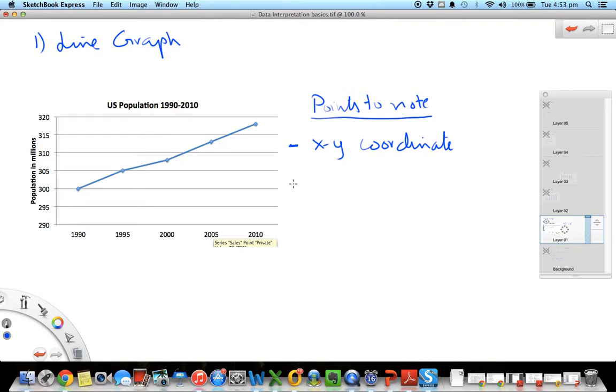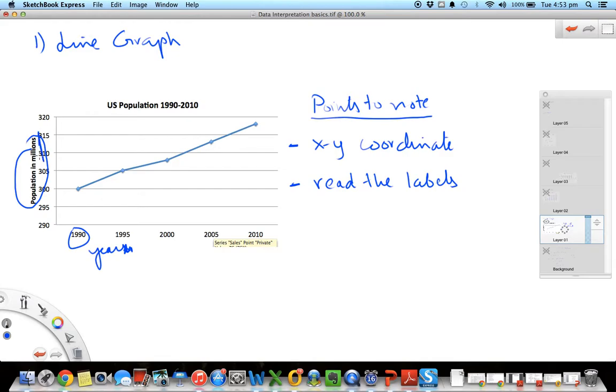The first thing you should do when you see a line graph like this is read the labels very carefully. By labels, I mean the label for what the x-axis represents. So here, the x-axis is year. The y-axis says population in millions.